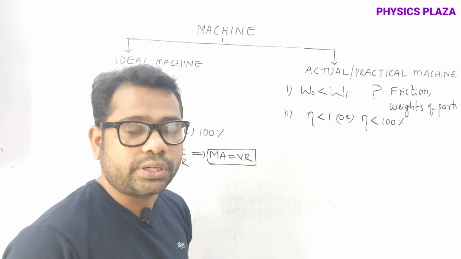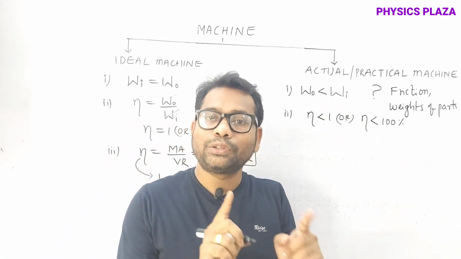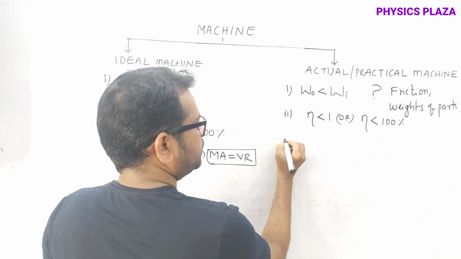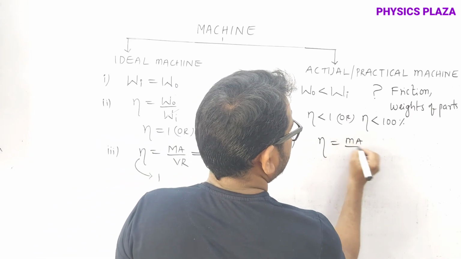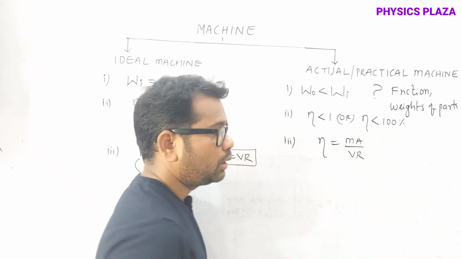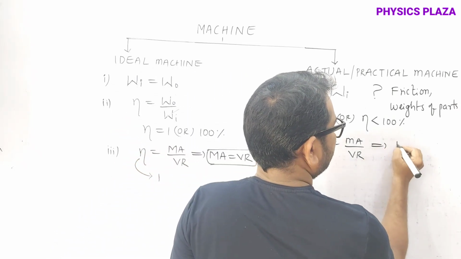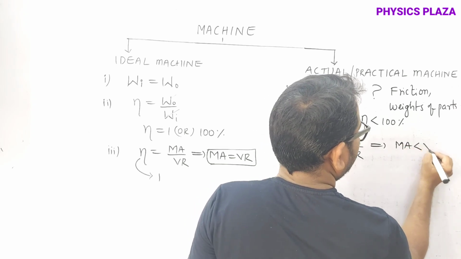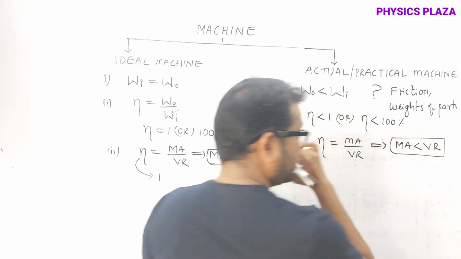Then for an actual, so-called practical machine, how is mechanical advantage related to the velocity ratio? From the definition, efficiency is equal to mechanical advantage by velocity ratio. But here efficiency is less than 1, right? So obviously mechanical advantage is always less than velocity ratio.